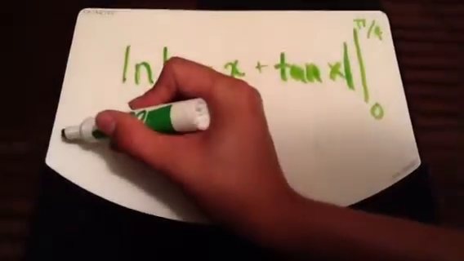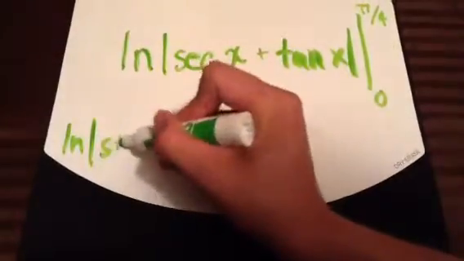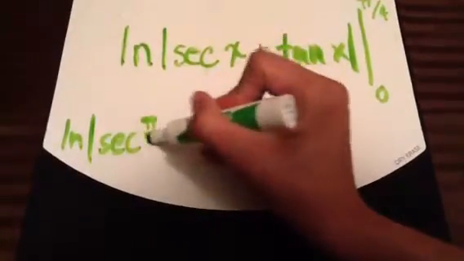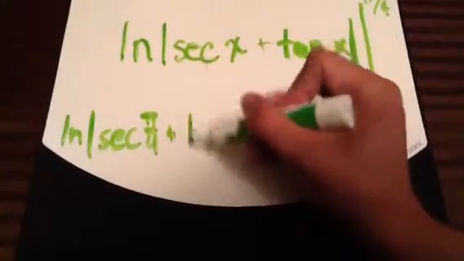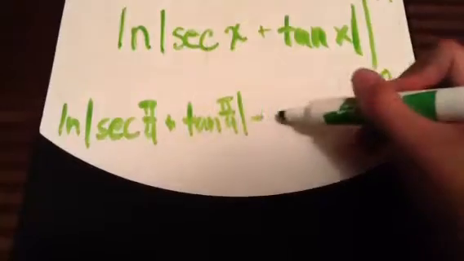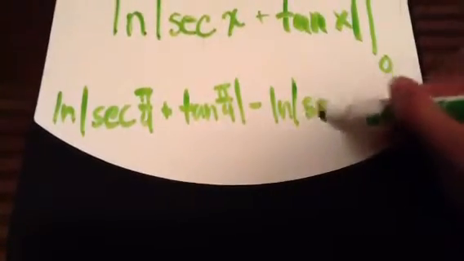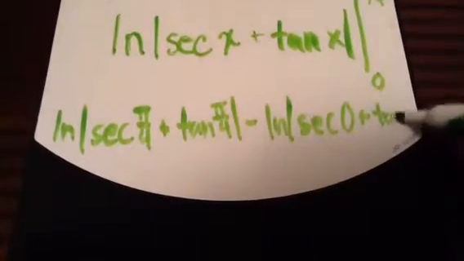If you plug in the values, I should say, ln of secant pi over 4 plus tan pi over 4, minus ln of secant 0 plus tan 0.